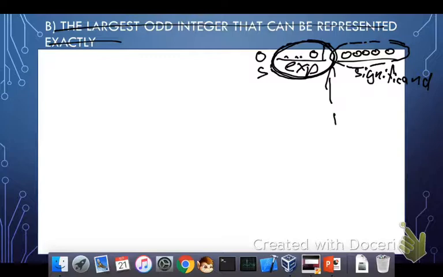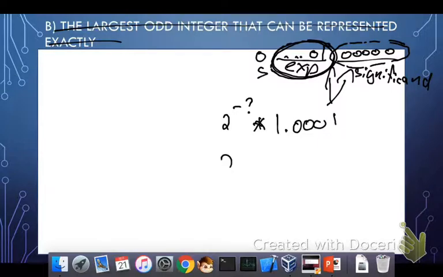I need the reciprocal of that. So I've got 2 to some negative value being multiplied by a 1, right? That's what's implied by all of this. And I need the reciprocal of that.